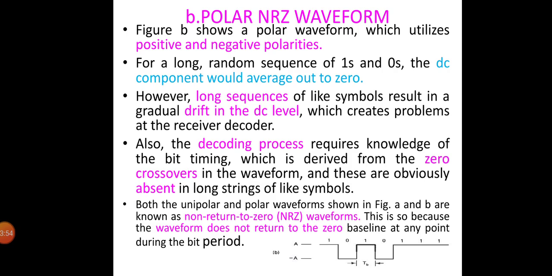Also, the decoding process requires knowledge of bit timing, which is derived from the zero crossovers in the waveform, and these are obviously absent in long strings of like symbols. Both unipolar and polar waveforms are known as non-return to zero, or NRZ, waveforms. This is so because the waveform doesn't return to the zero baseline at any point during the bit period.